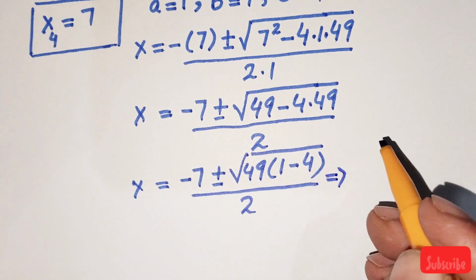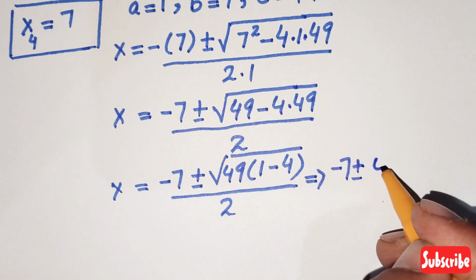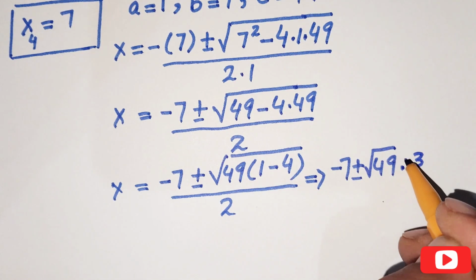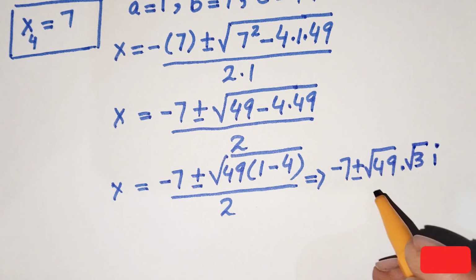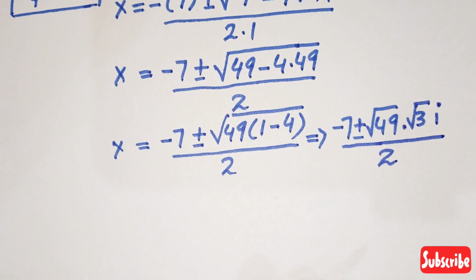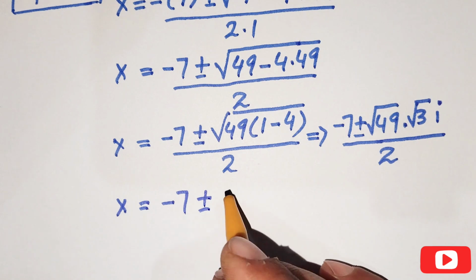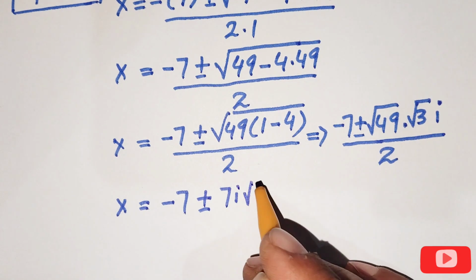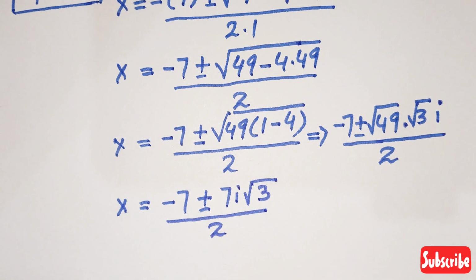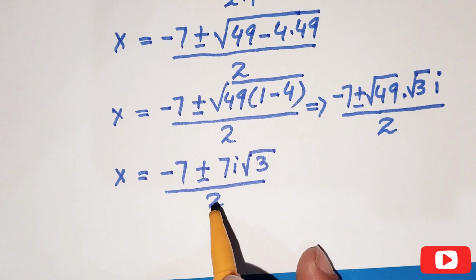Our next step is minus 7 plus minus square root of 49 times, separating this, square root of 3 into iota, all over 2. So now x is equal to minus 7 plus minus 7i square root of 3 over 2.